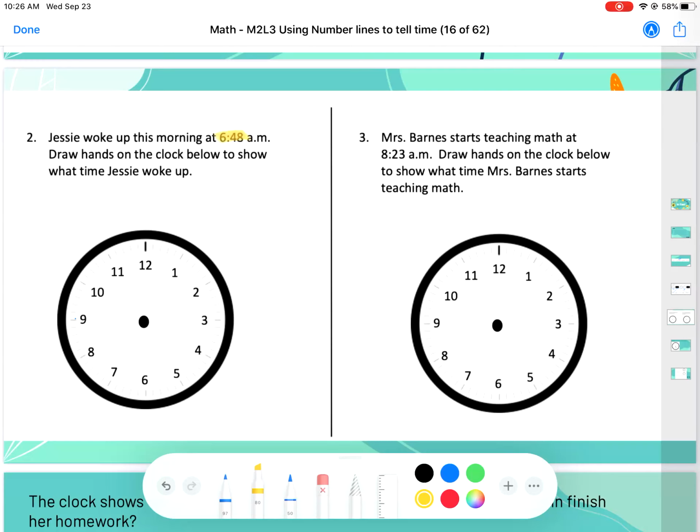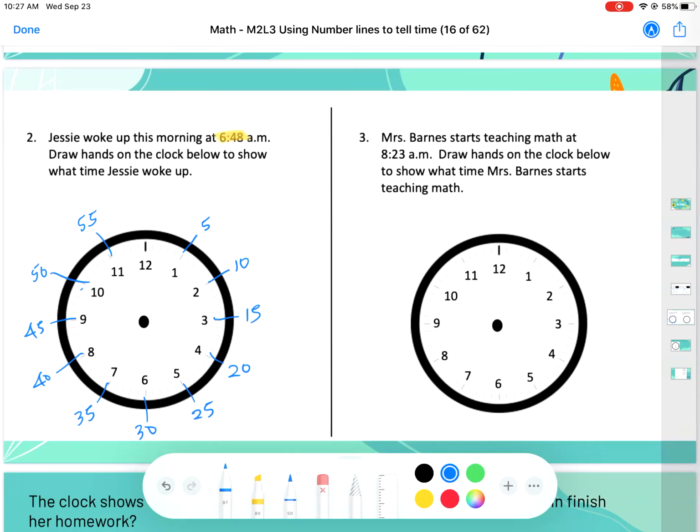So it's 6:48, and we know that 1 represents 5, 10, 15, 20, 25, 30, 35, 40, 45, 50, 55. Now I need to find where my 48 is.